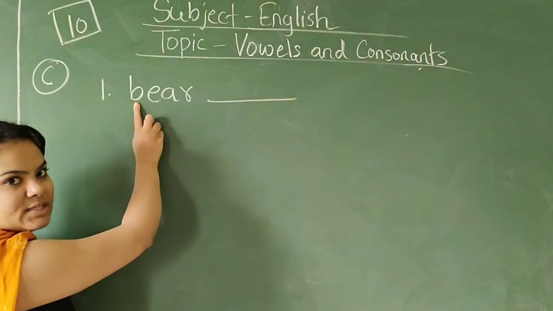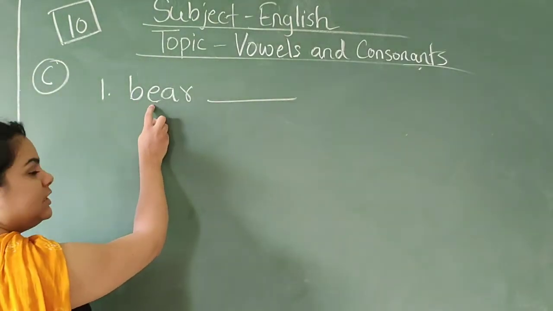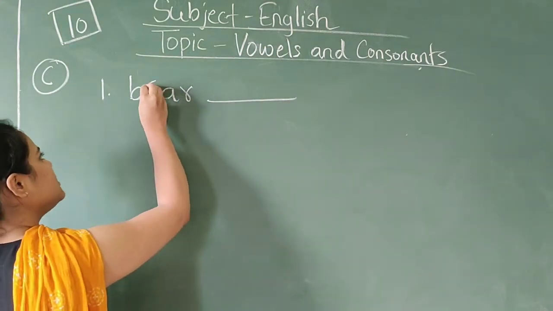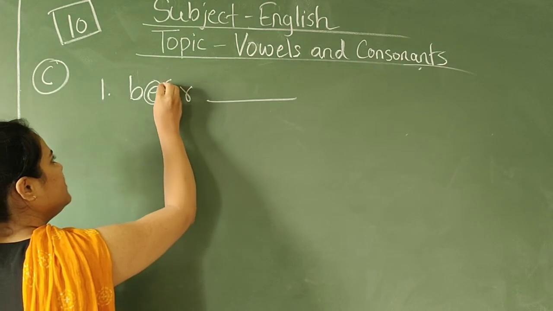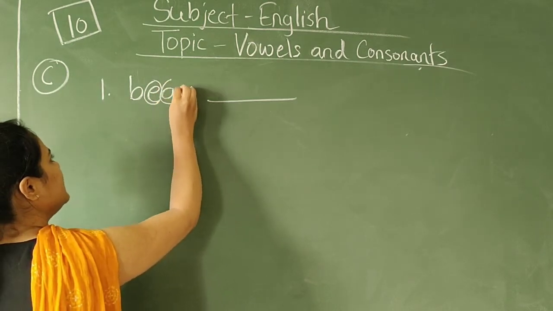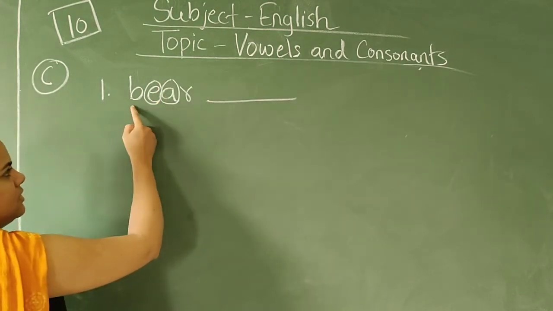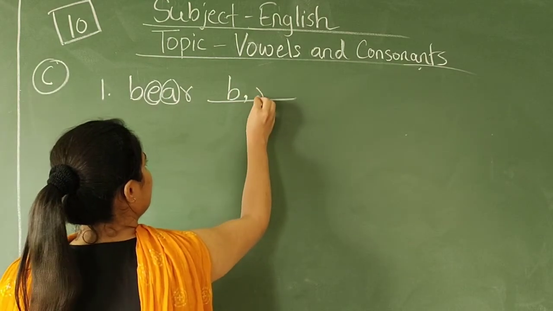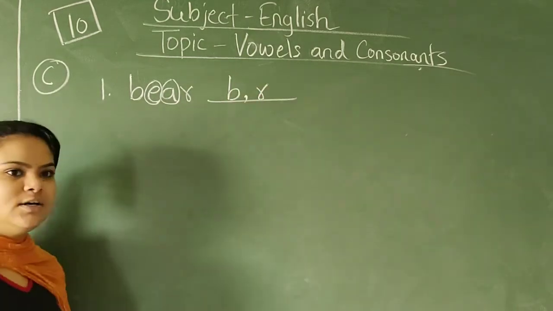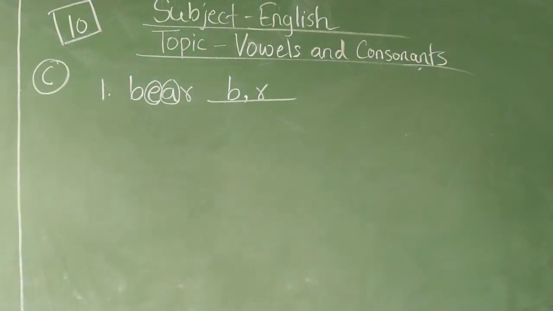So here B is vowel, no. E is vowel, yes. So circle E and A. The letters that are left, like B and R, we have to write in the blank.